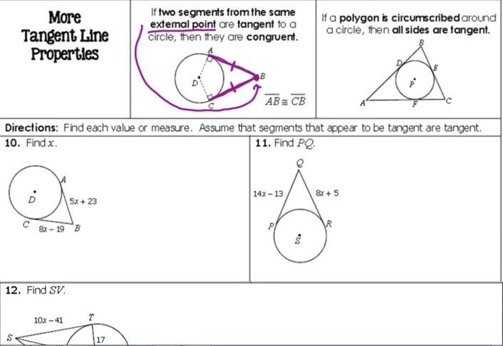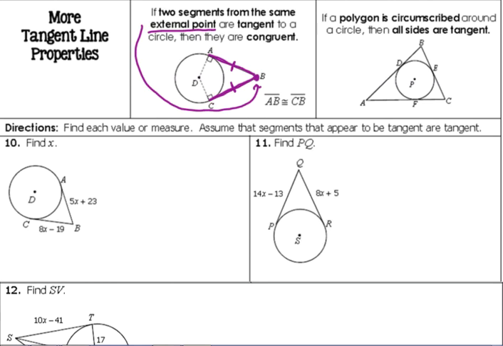Then we have this other one. It says if a polygon is circumscribed around a circle, then all sides are tangent. So a polygon, many-sided figure. In this case we have a triangle, but you could have more than a triangle. All sides are tangent. So this is going to use the property that we just learned.